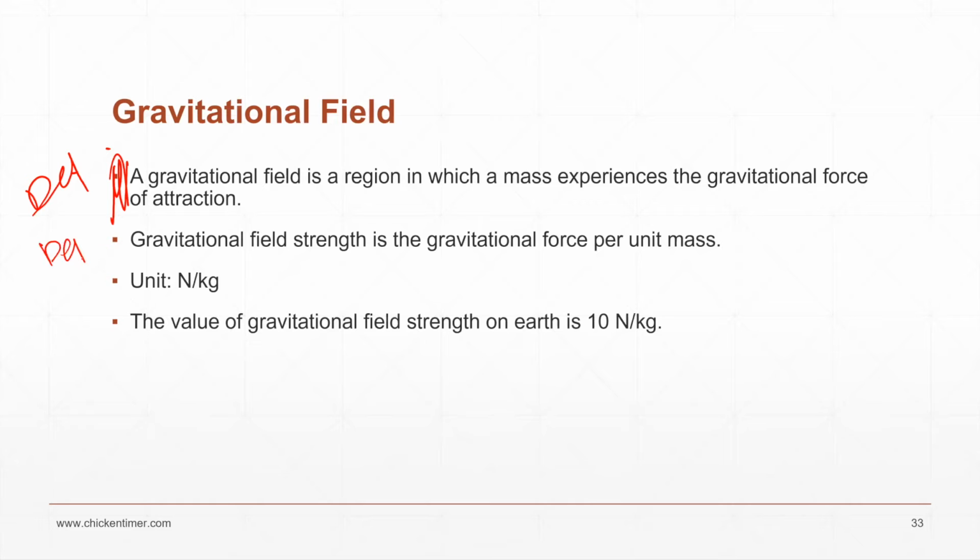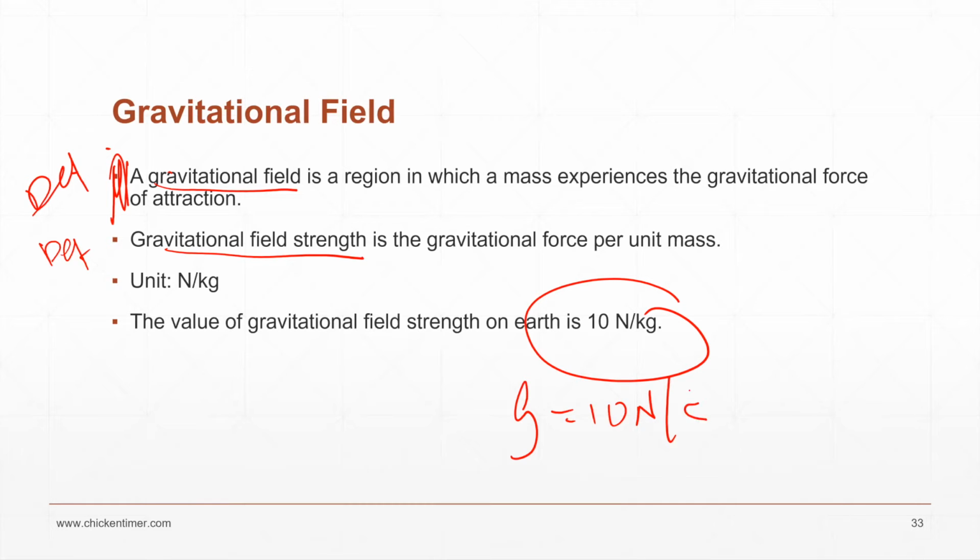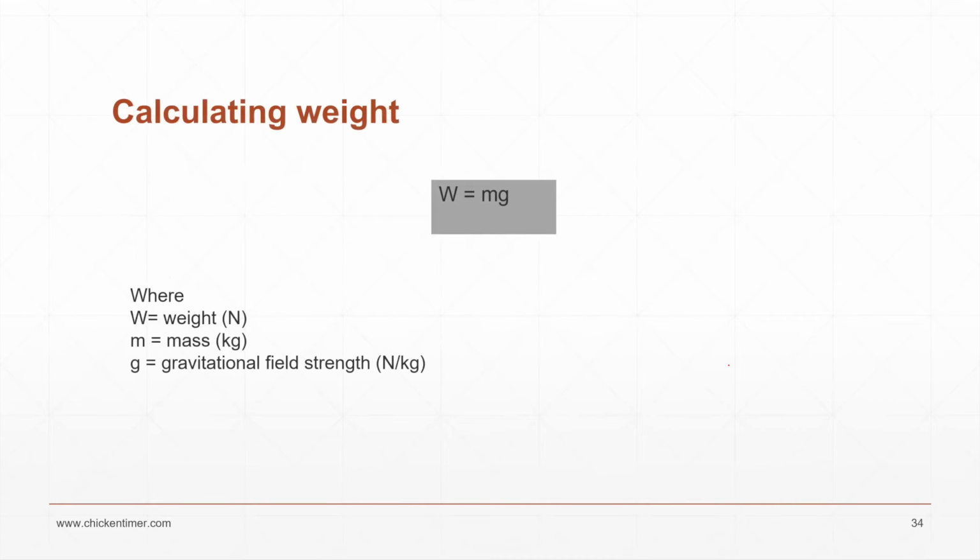This is also a definition. This is a definition for gravitational field. So on Earth it's always 10. So this is your g. So if you want to calculate weight, then weight is equal to mg, where g is 10 here.